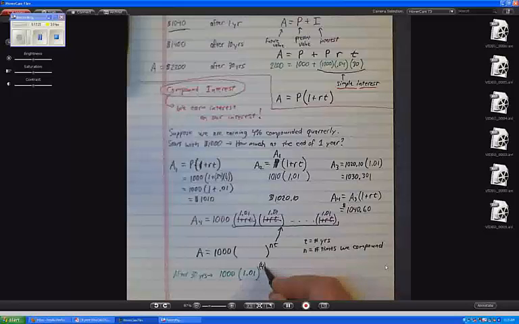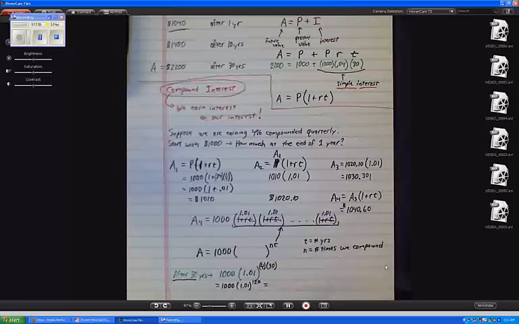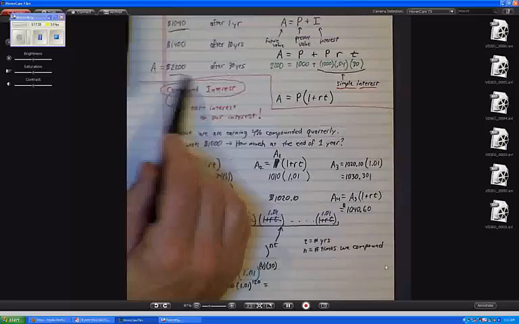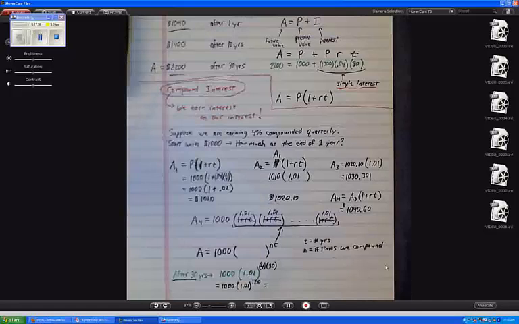And what's t? Well, after 30 years, t is the number of years, so t is 30. Do you guys get that? So you're going to do 1,000 times 1.01 to the 120th, and that's what the bank is actually going to give you, not $2,200.